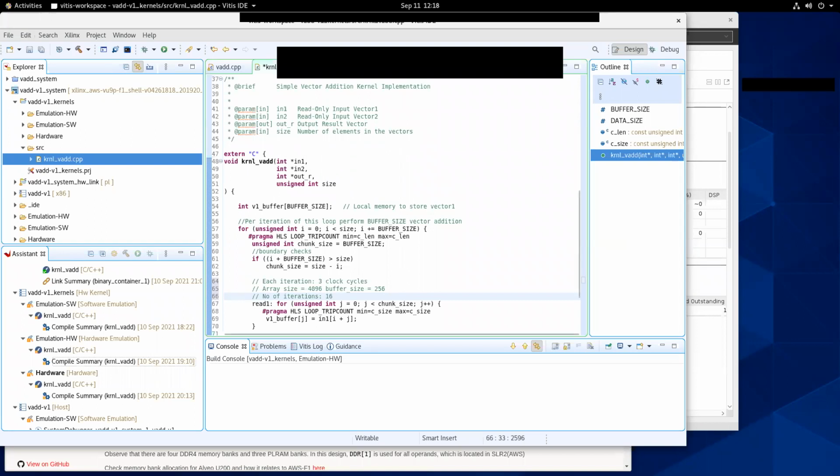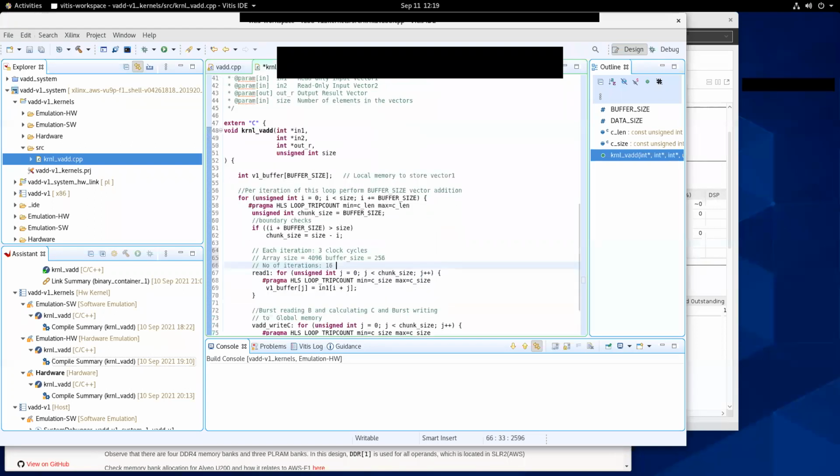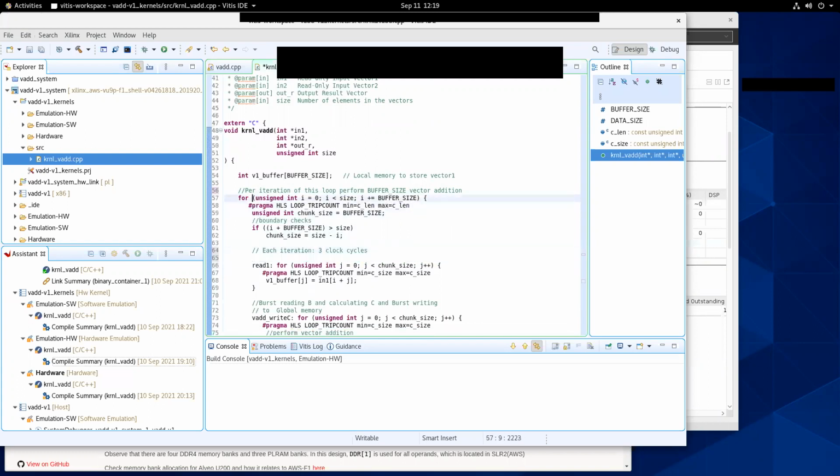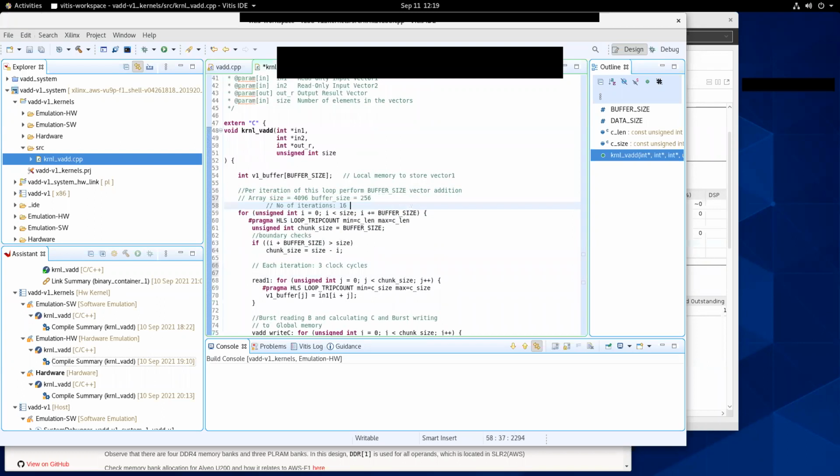And this iteration is pipelined. How many times do we go through? This one we go through 16 times, right? Here we are operating suboptimally.